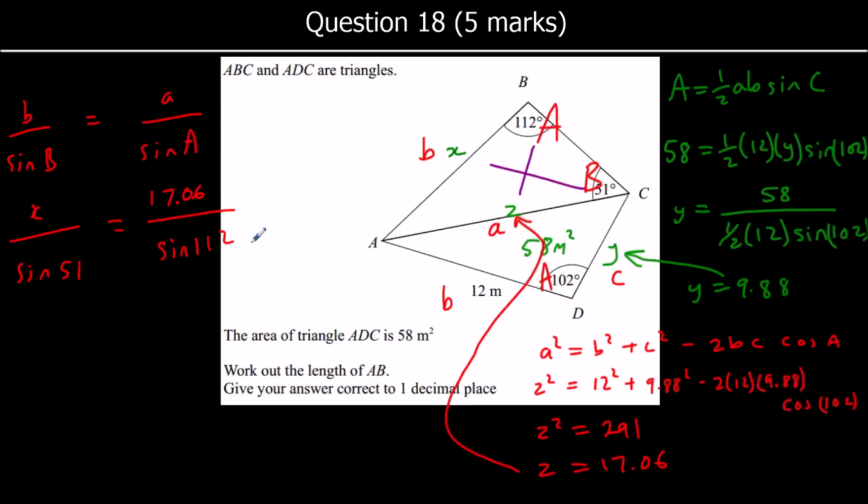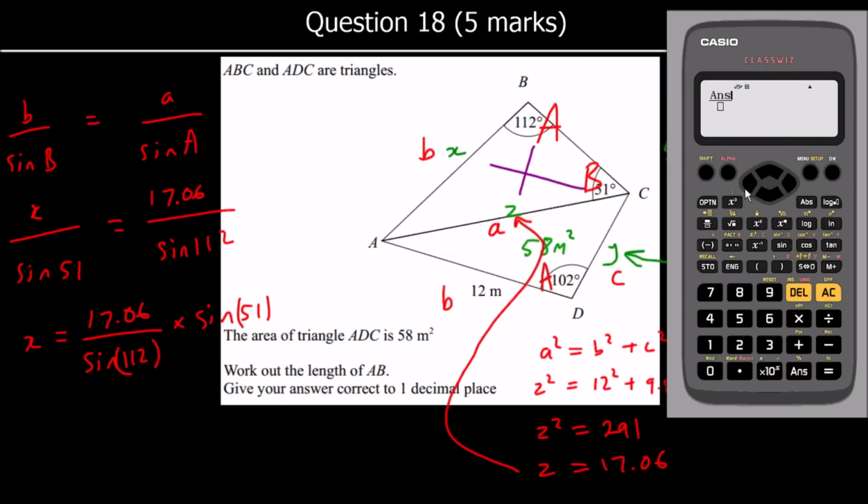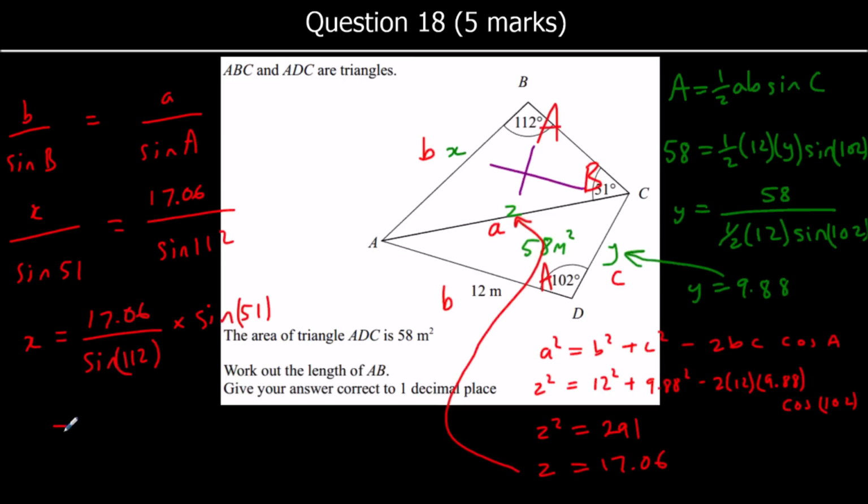To get x by itself, we'll multiply both sides by sine 51. So 17.06 over sine 112 times sine 51. So answer over sine 112 times sine 51 gives us x, 14.3. 14.3 meters.